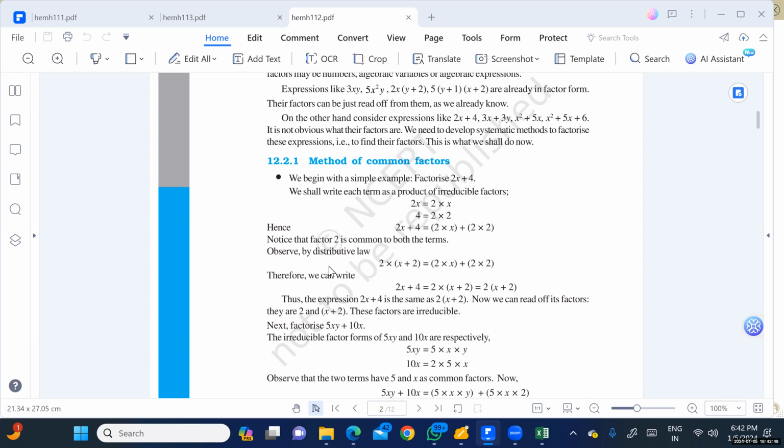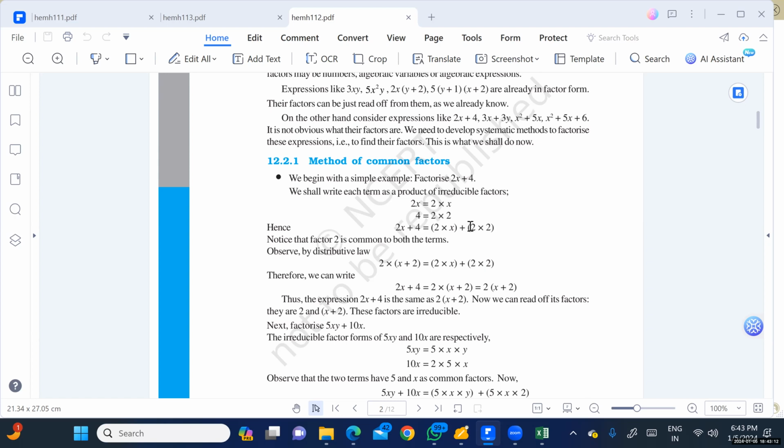Right? Notice that factor 2 is common to both the terms. This is one term, this is one term. This 2 is here also, this 2 is here also. The factor 2 is common to both the terms.